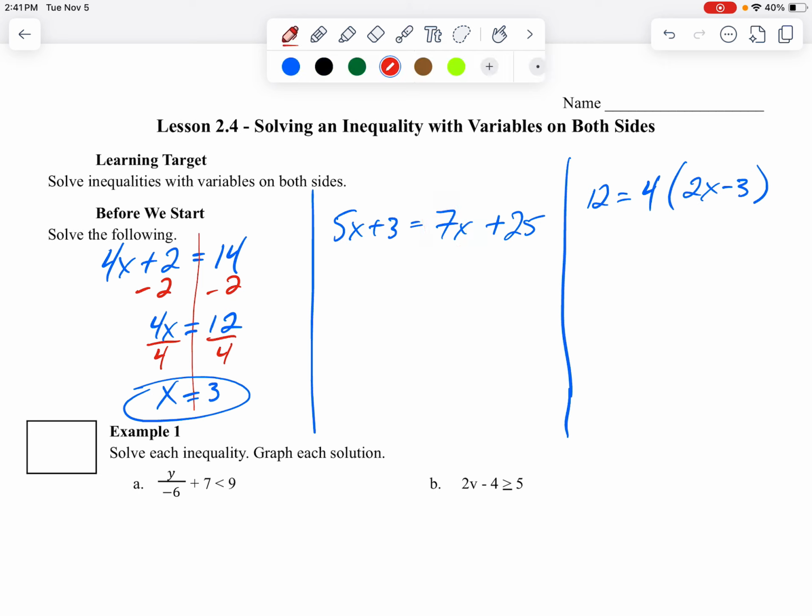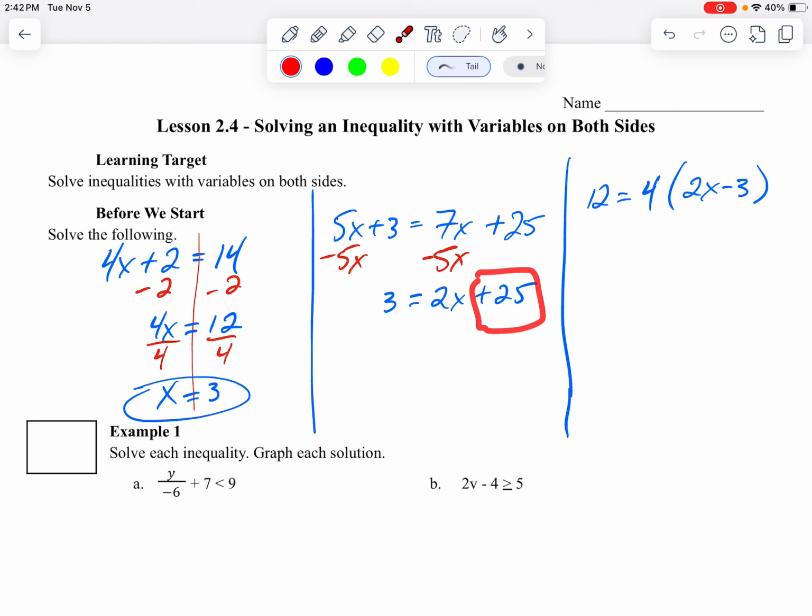I generally prefer to subtract the smaller value because that means my x values are going to remain positive. So see what I mean here? This would be 3 equals 2x plus 25. If I had done it the other way, I would have ended up with negative 2x on the left. So all my x values are over here now.